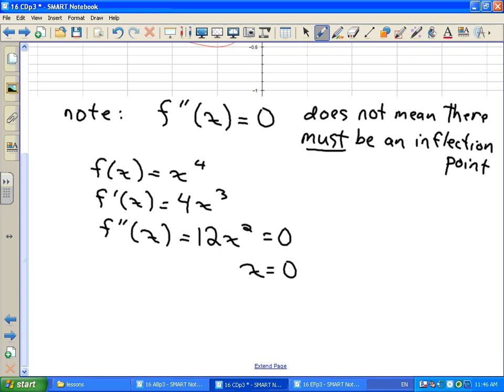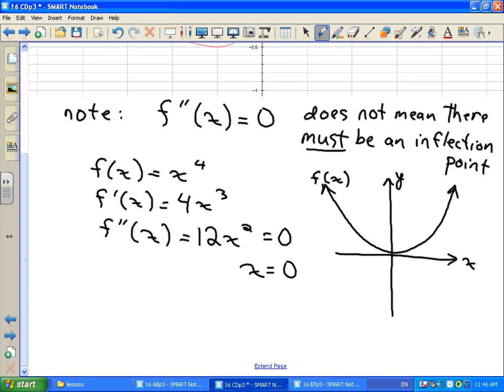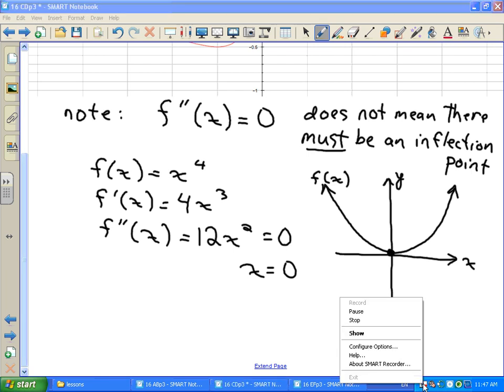But we know that the graph of this function looks kind of like this. X, y, this is f at x, okay? So even though the second derivative is 0, here at x equals 0, that point isn't a point of inflection. It's a regular old turning point or local minimum. Okay? So the way to check for sure if you've got an inflection point is to set up that concavity table. All right.